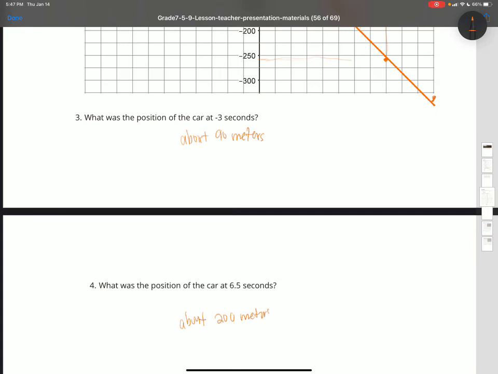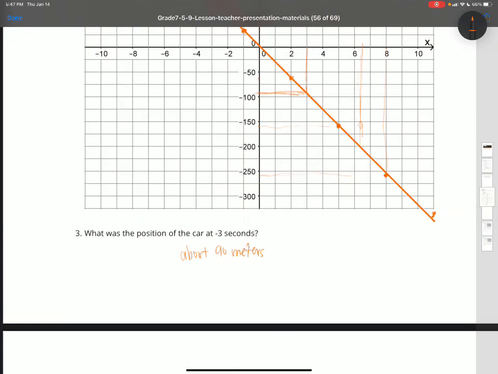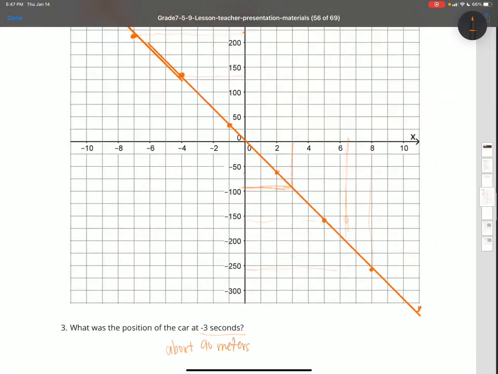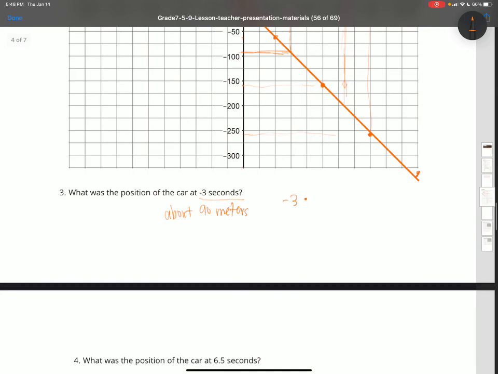Now that's using the graph. To check my answer, I could multiply by that constant. So negative 3 times negative 32 would be around 96 meters. Here are the exact answers.